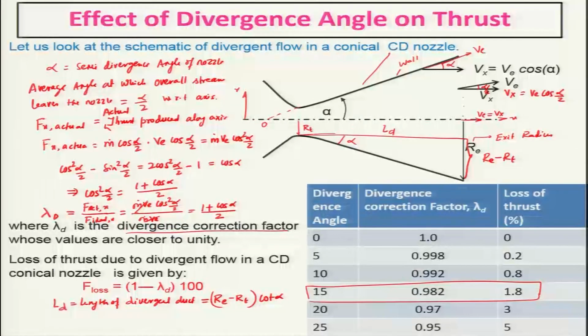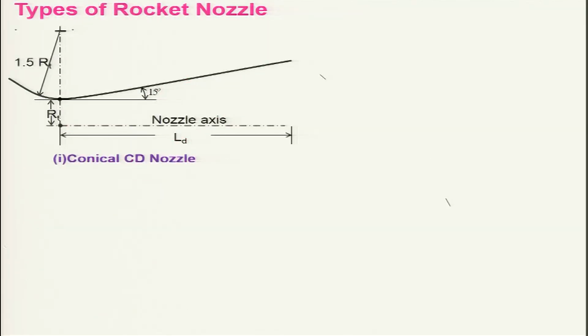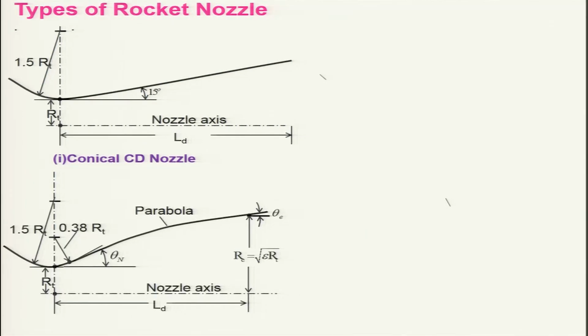Because of this limitation of the convergent divergent nozzle, various types of nozzles have been designed and developed. As I told, for the convergent divergent nozzle, generally 15 degree is used as the angle because of the fact I just discussed. Another rocket nozzle is known as the bell shaped nozzle.